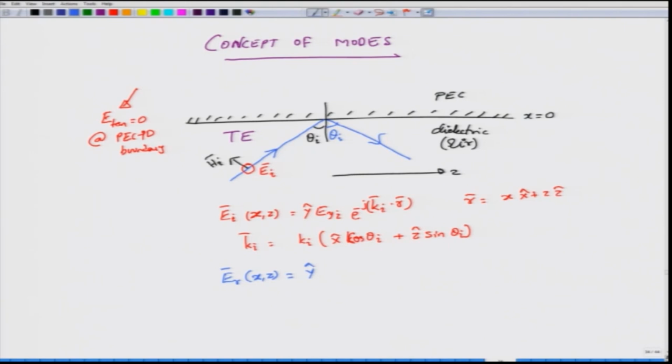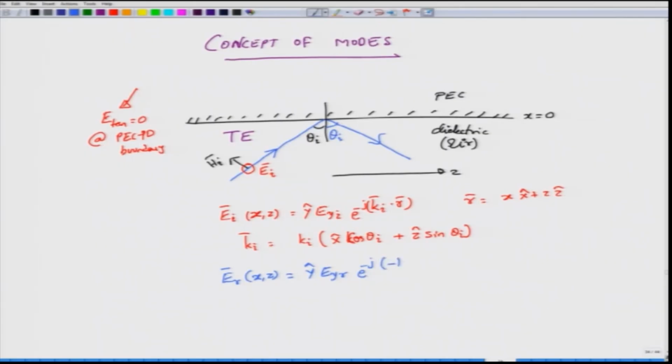So, you have ER as a function of x and z, which will have some amplitude, let us say EYR, and then I will write down the full phase expression out here. Instead of writing k r dot r separately, I will write down the expression because we have seen this many times.